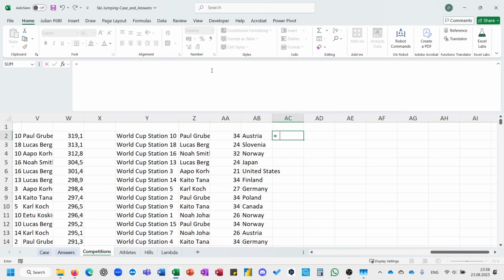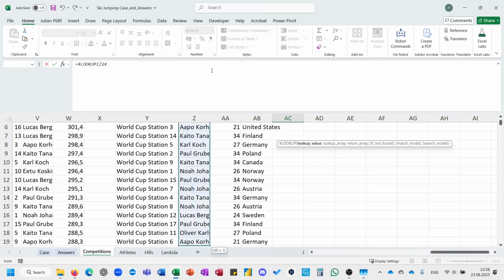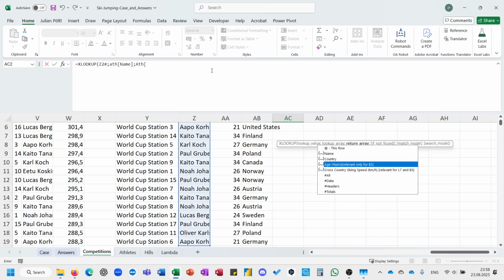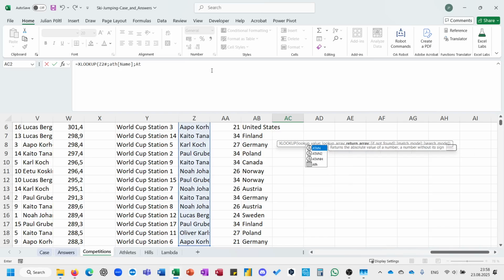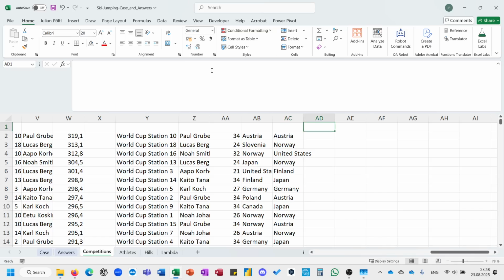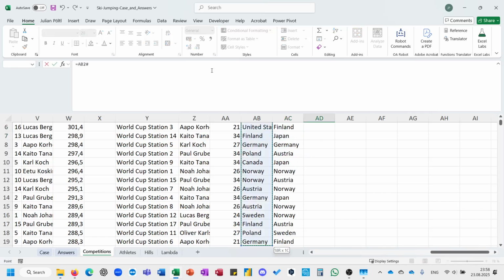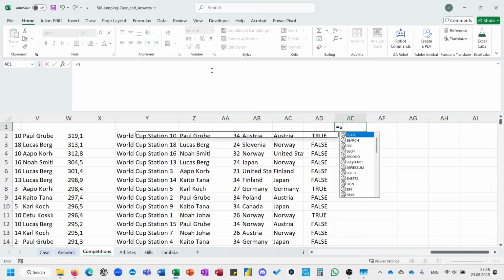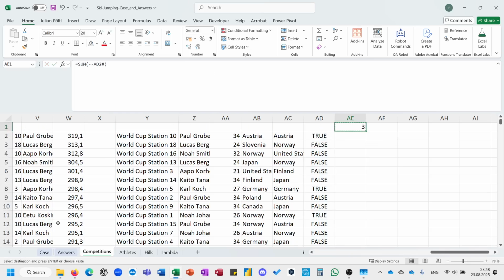And then an XLOOKUP for the athlete in ATH name, ATH country, and not age, sorry. This equals this, equals sum minus minus 3 competitions.